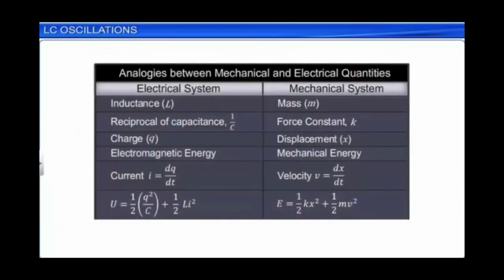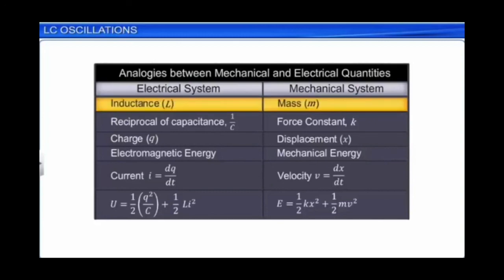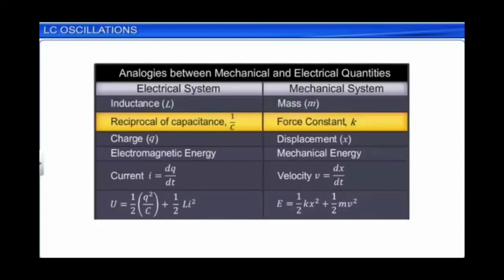This table shows the analogy between the electrical system and the mechanical system. We can see that the inductance L in the electrical system is analogous to mass m. Likewise, the reciprocal of capacitance, that means 1 by C, is analogous to the force constant k of the spring. And the charge q is analogous to displacement x.